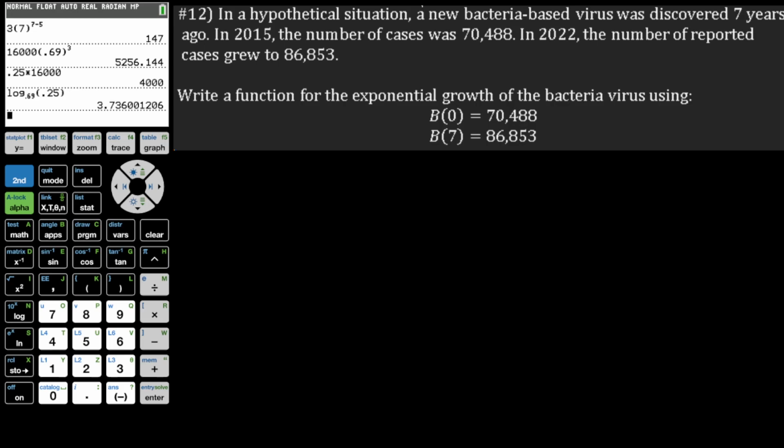So what we need to do for this one is we are solving for the part that we don't know. So the part we don't know is 1 plus r. Again, it's growth because the values are increasing from start to end, so we know it's going to be growth for the situation.